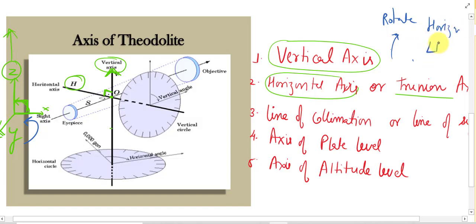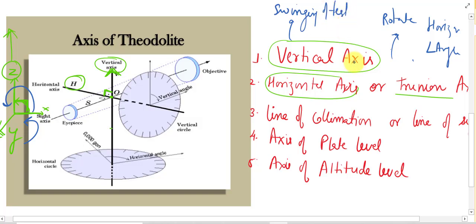With the help of rotation we will calculate our horizontal angles. But my telescope also rotates about the vertical axis like this, from x it goes to z and then again moves to x. This movement is known as the swinging of the telescope.